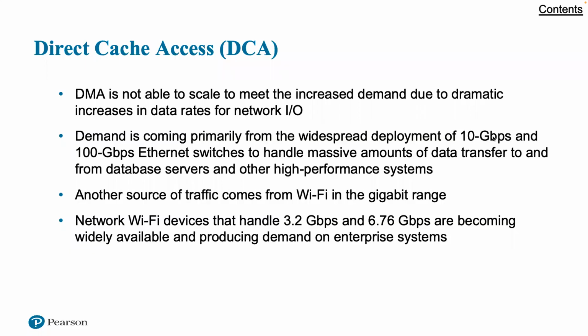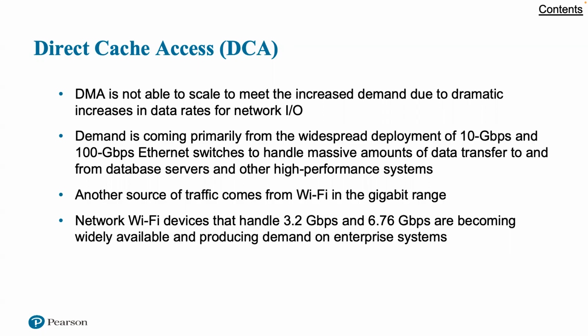Okay, let's next talk about direct cache access, or DCA. DMA has proven an effective means of enhancing performance of I/O with peripheral devices and network I/O traffic. However, with the dramatic increase in data rates for network I/O, DMA is not able to scale to meet the increased demand. The demand is coming primarily from the widespread deployment of 10 gigabit and 100 gigabit Ethernet switches to handle massive amounts of data transfers to and from database servers and other high performance systems.